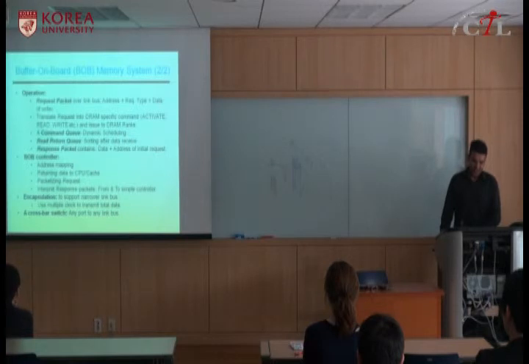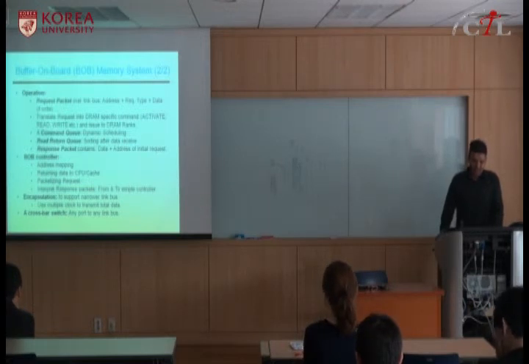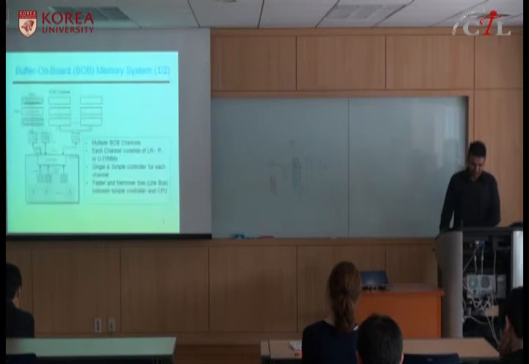They also decode the command to a DRAM-specific command. There is a command queue and return queue and a response packet. The response packet will contain data and the address of the initial request, because the return will contain the same address, and then the Bob controller can use it.